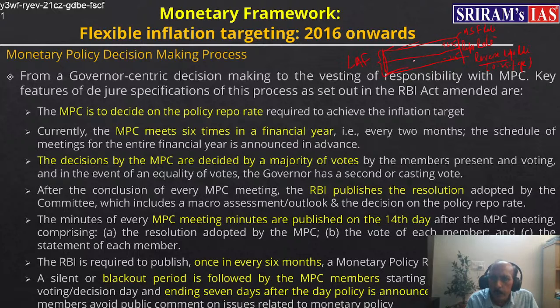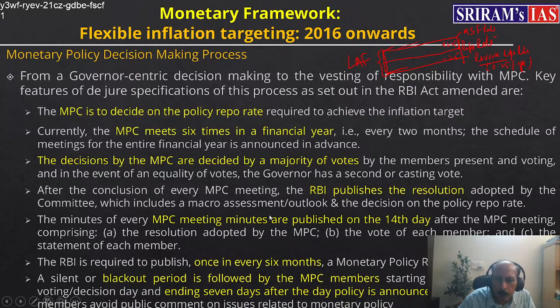So the LAF is decided by the repo rate, and it is the facility through which banks can approach the RBI for loans to meet their financial requirement at the time of crisis. Therefore monetary policy decision making is very important. Once they decide the repo rate, the other things are automatically decided, and this is how monetary policy works.